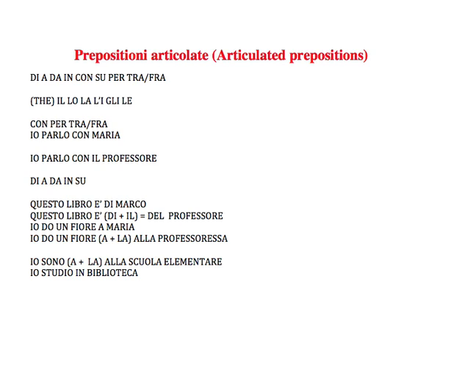You have learned this expression already, so it's not a problem for you. So io studio in biblioteca means I'm studying in the library. But you see here, biblioteca is alone, it doesn't have any other word connected to it. So it's like scuola without elementare.